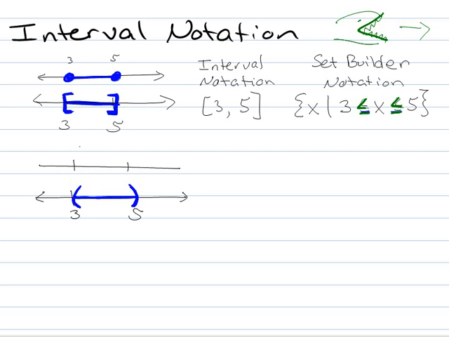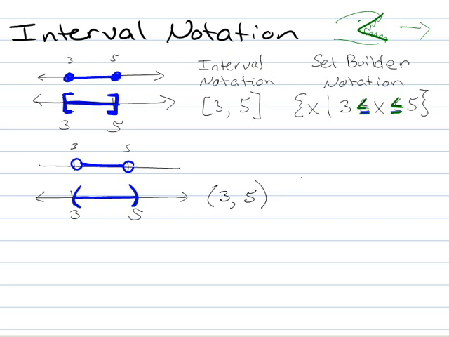The old way that you might remember doing it is with open circles. The theory behind doing the parentheses instead of the open circles, again, is so that if I wanted to write this particular interval in interval notation, I would do open parentheses, 3, 5, close parentheses.